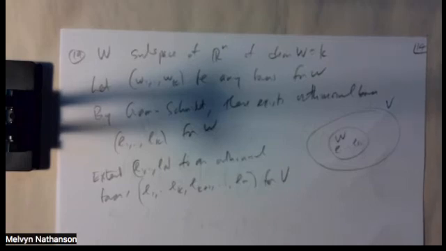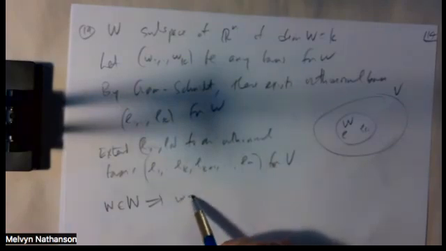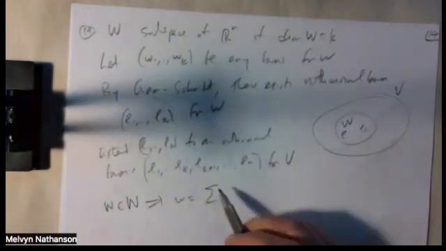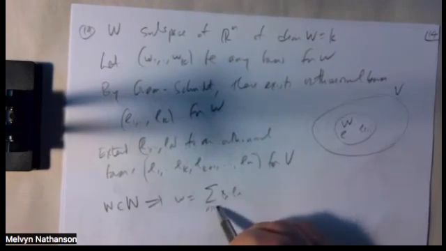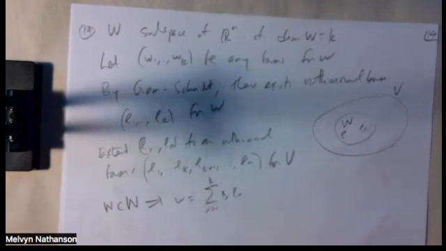Now, w in W means you can write w as a summation xi ei, i goes from 1 up to k.